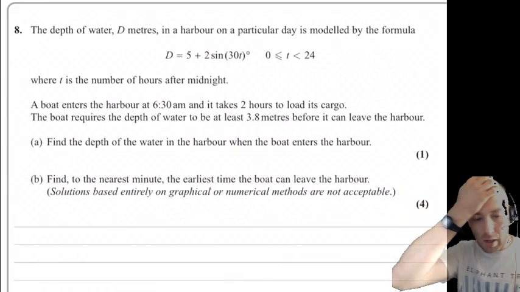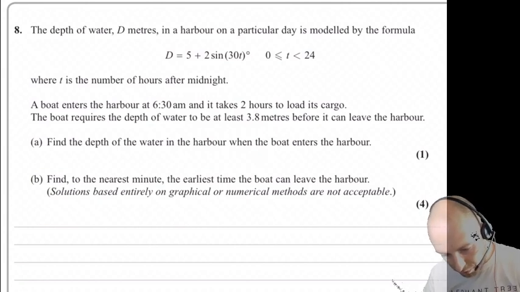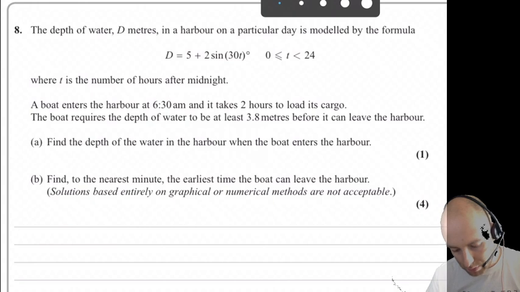Cool. All right. So depth of a boat in a harbour. Okay, boat enters the harbour at 6:30. It's 2 hours to unload its cargo. The boat requires a depth to be that. Find the depth of the water when the boat enters the harbour. Okay, so we need to put in 6:30, and it's hours after midnight, so we need to put in 6.5.